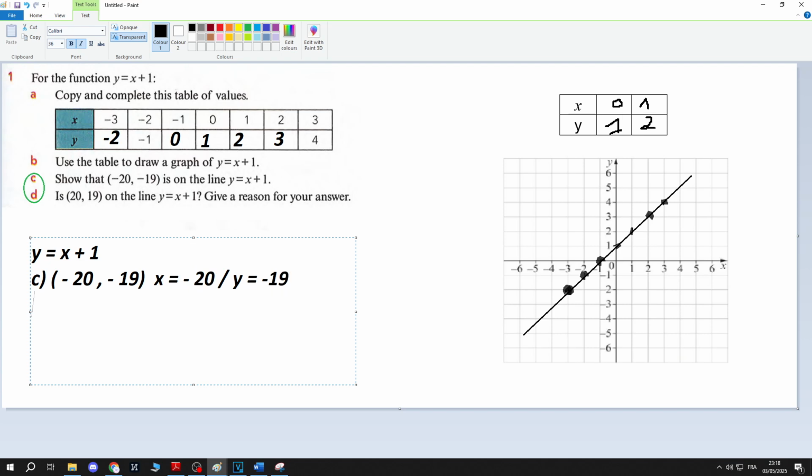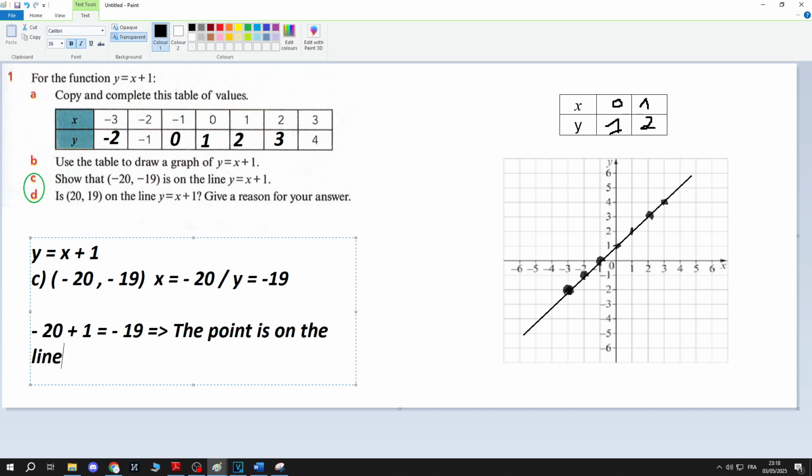For us to check if the point is on the line, all I have to do is replace the x with negative 20, so negative 20 plus 1. And if my answer is negative 19, then yes, the point is on the line. If the answer is not negative 19, then the point is not on the line. Now, lucky for us, negative 20 plus 1 is indeed negative 19, so the point is on the line.